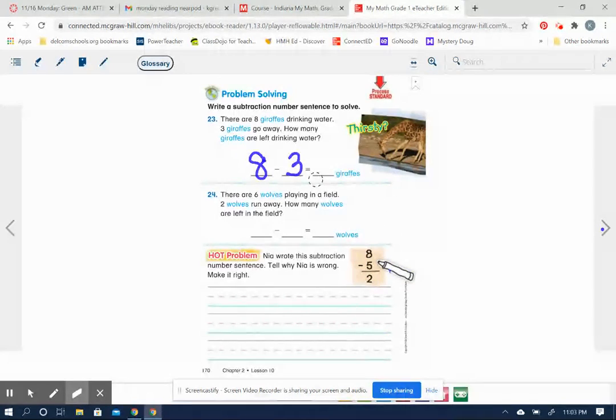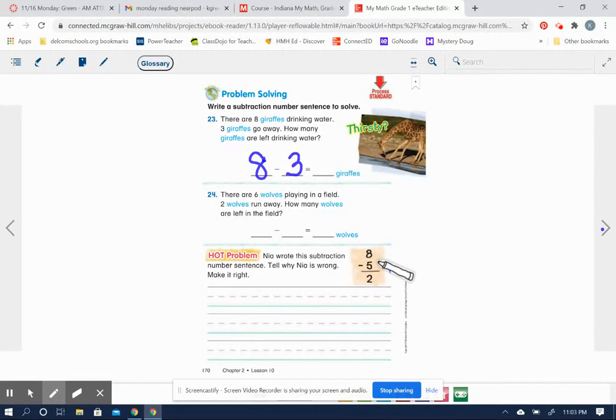Tell me how many giraffes are left after you take 3 away from 8. And then there are 6 wolves playing in a field. 2 wolves run away. How many wolves are left in the field? Give me a number sentence here and then solve it.